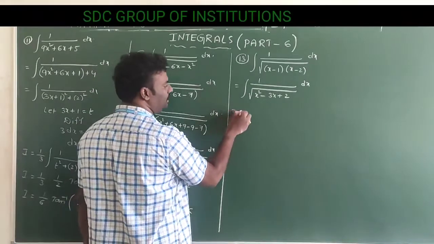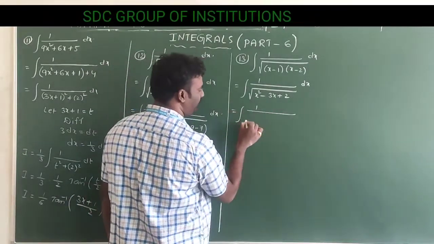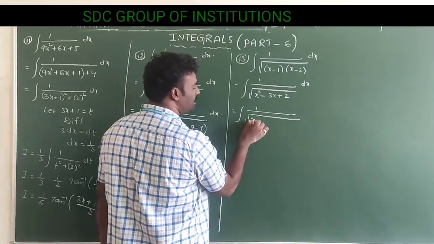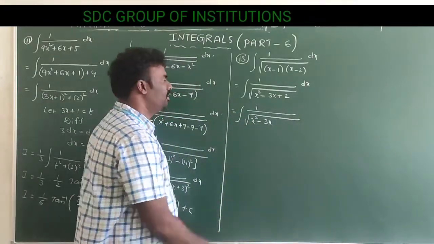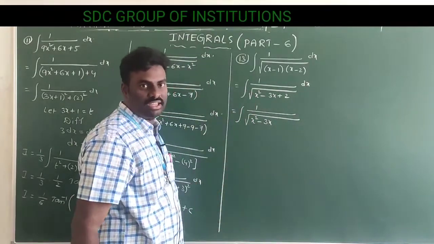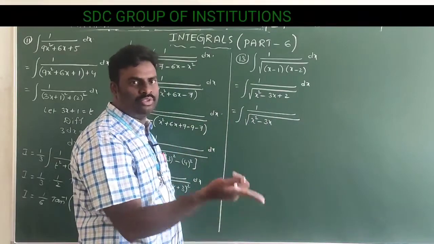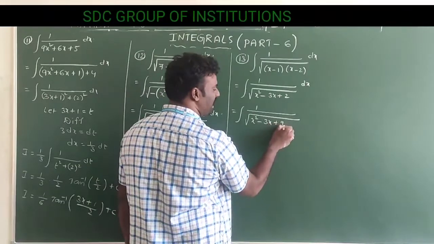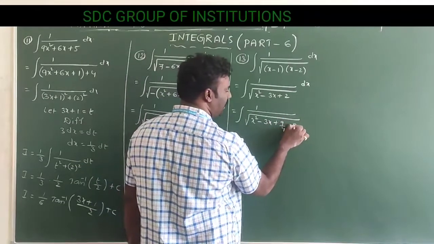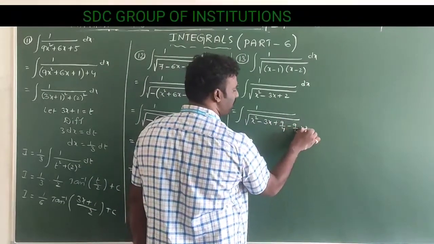Okay, now the integral 1 by under root of x square minus 3x, here we need to add one value, subtract one value. Coefficient of x is 3, half is 3 by 2, square is 9 by 4. So 9 by 4 we need to add and 9 by 4 we need to subtract.